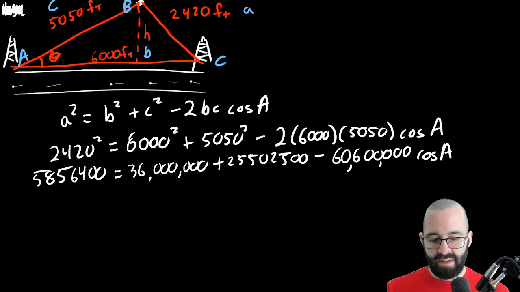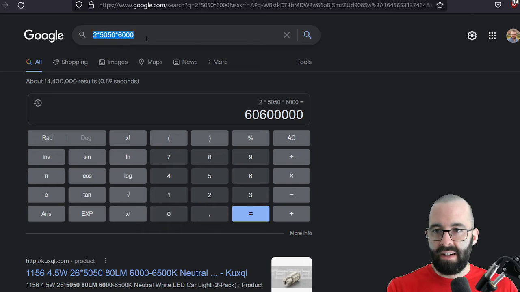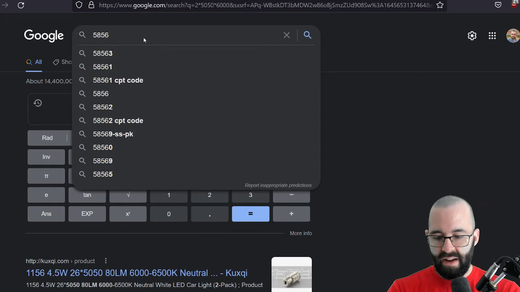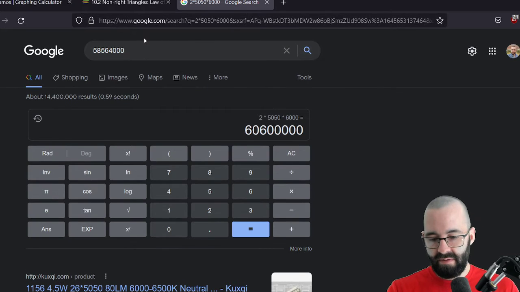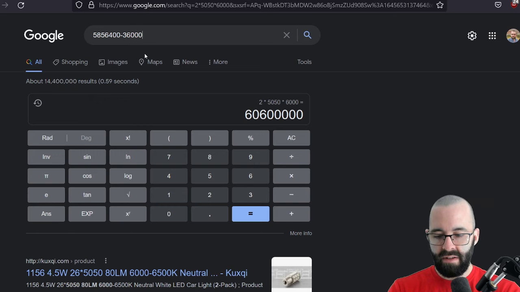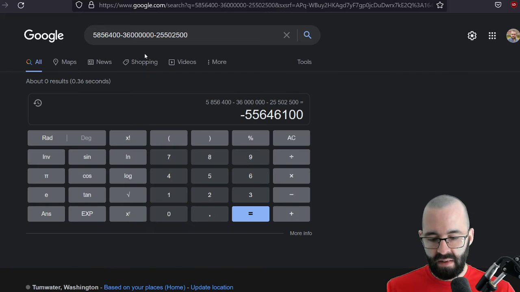All right, let's subtract those other things to the other side. And that's going to give us, yeah, this one's going to be a nightmare to plug in. 5,856,400 minus 36 million minus 25,502,500.